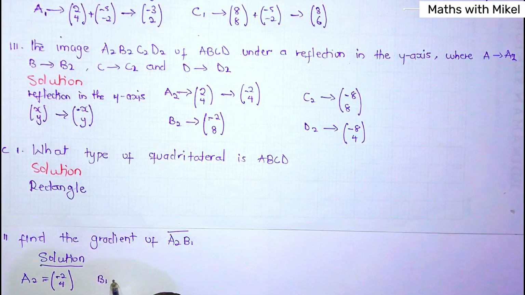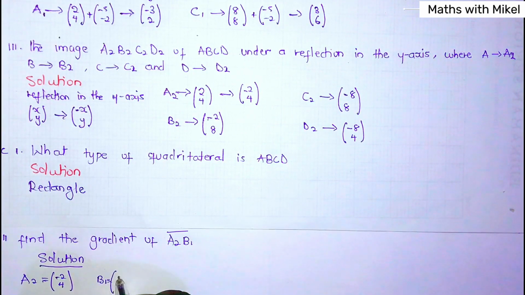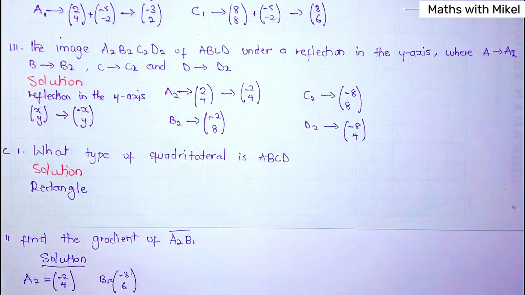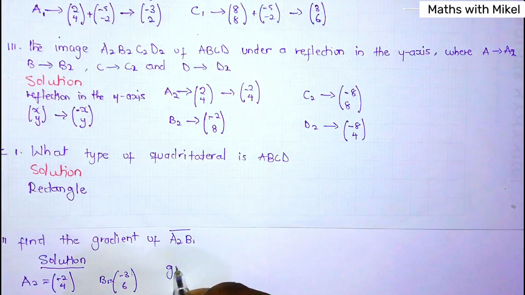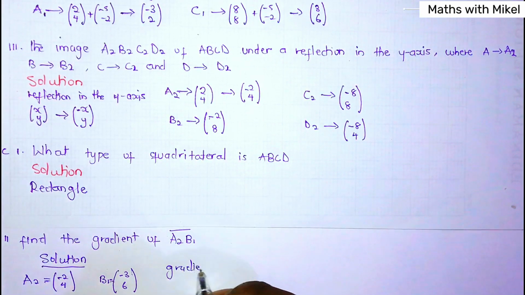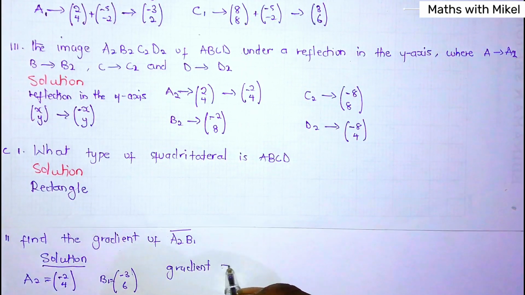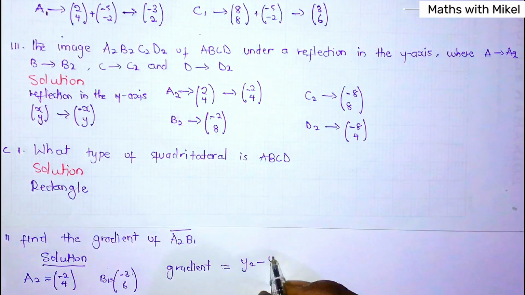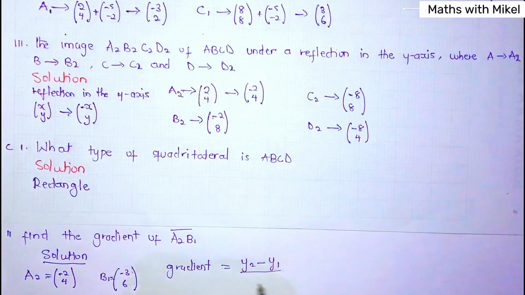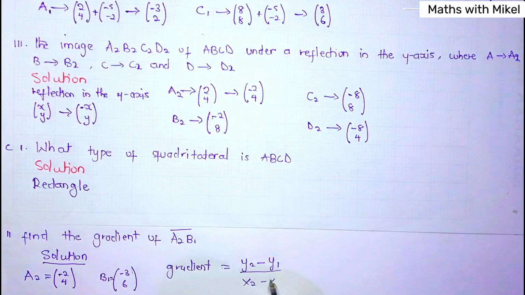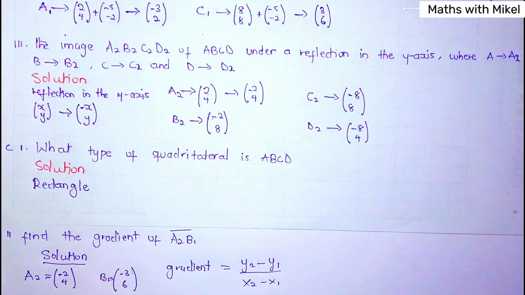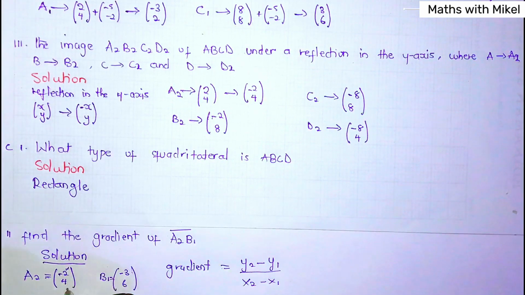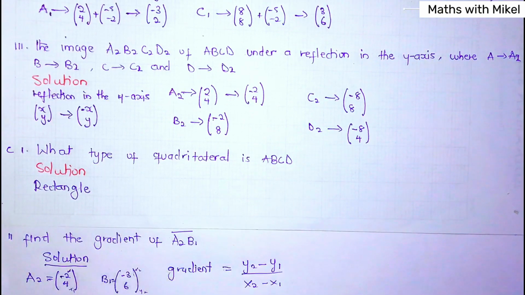So B1 is giving us (-3, 6). So you say that gradient is giving us the difference in the y component, so y2 minus y1 all over x2 minus x1. So this becomes my x1, y1, x2, y2.